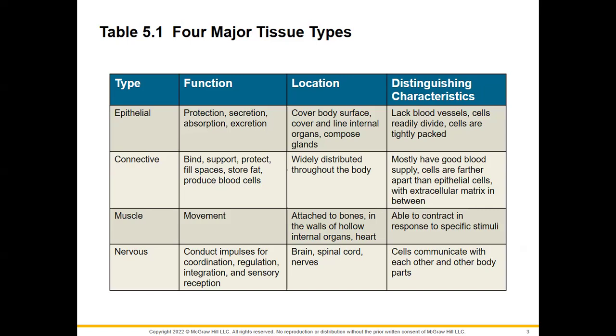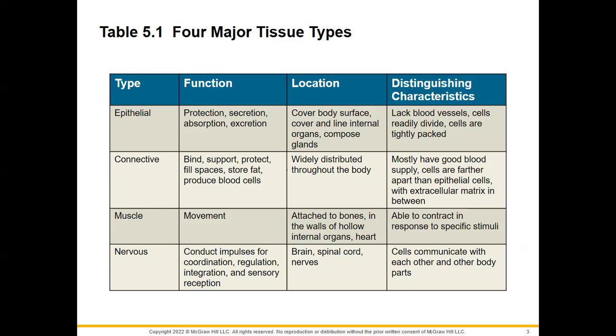Connective tissues, unlike epithelial tissues, mostly have very good blood supplies. So for most connective tissue, the blood supply leading to it is going to be very good, unlike epithelial tissues, which are avascular. Connective tissue cells are farther apart than epithelial tissues.